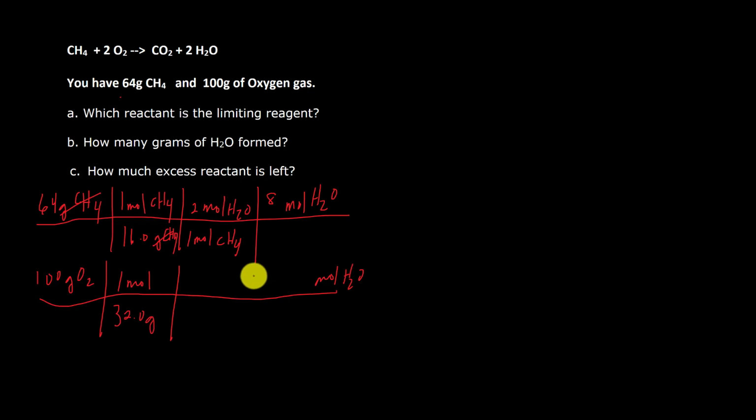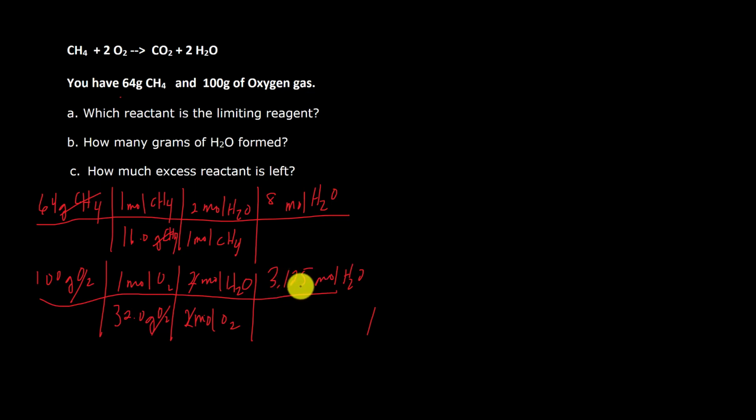And then we need to do our molar ratios. In this case, it's 2 moles of O2 for every 2 moles of H2O. And of course, 2 over 2 can cancel out to become 1. So we're essentially just dividing 100 grams by 32. I'll do that on my calculator and we'll figure out what the answer is.